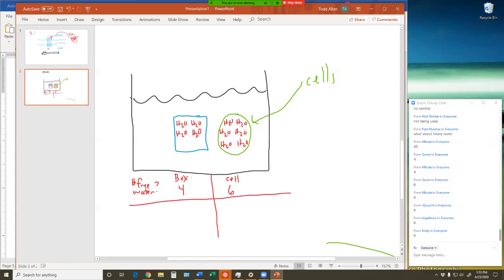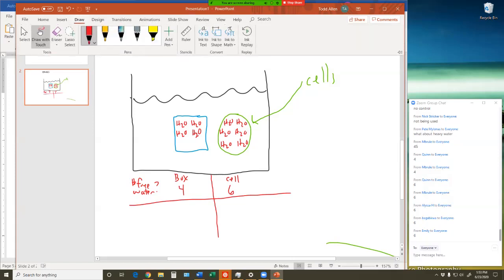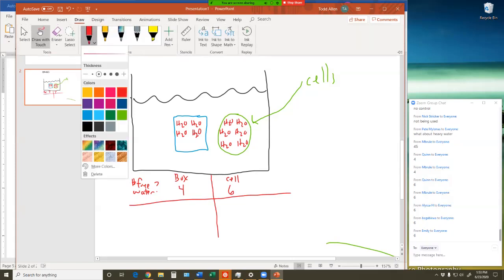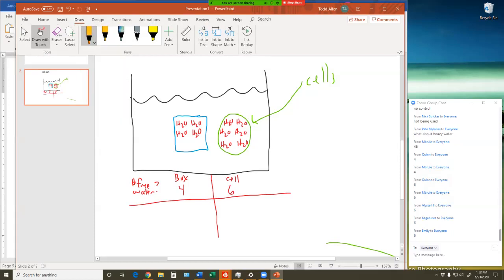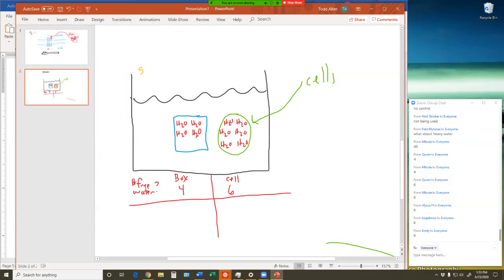Now let's say I take a salt shaker from your kitchen table. Okay, let's take a salt shaker and let's see, what's a good color here? I guess orange maybe. Let's say, take a salt shaker, which obviously has sodium chloride in it. And let's say I drop 1 molecule of sodium chloride into the box.